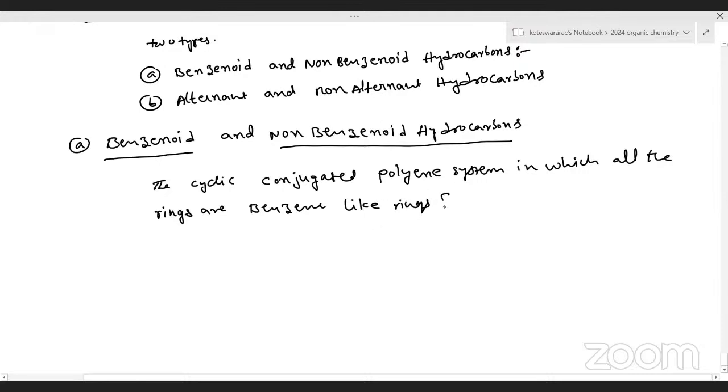What is benzene? It appears as a 6-membered ring with alternate double bonds and single bonds.